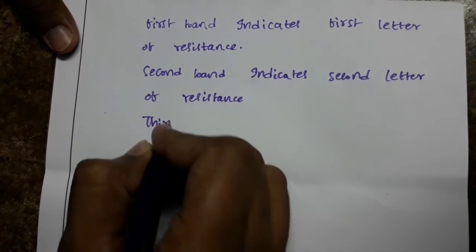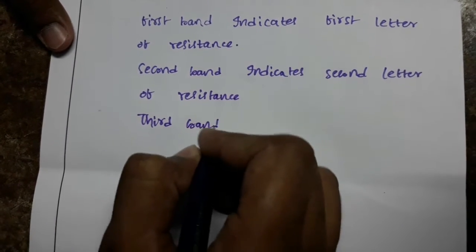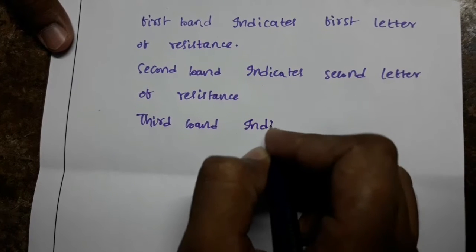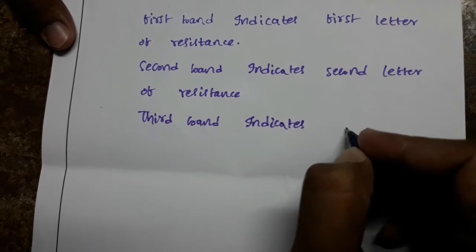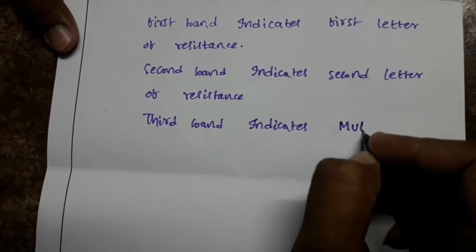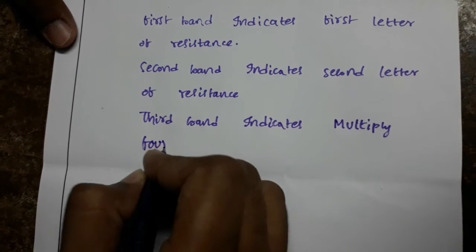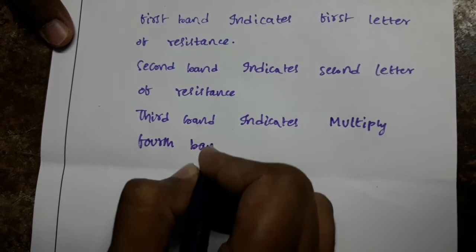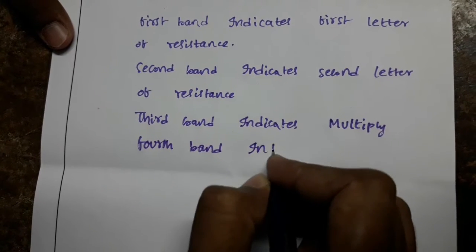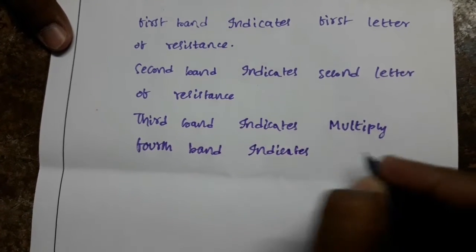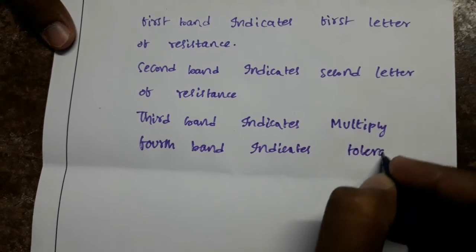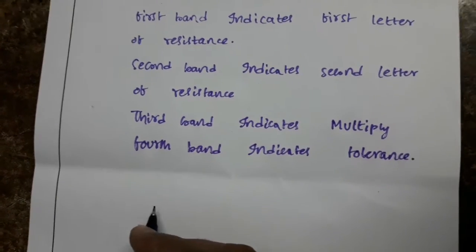The third band indicates the multiplier. The fourth band indicates tolerance.